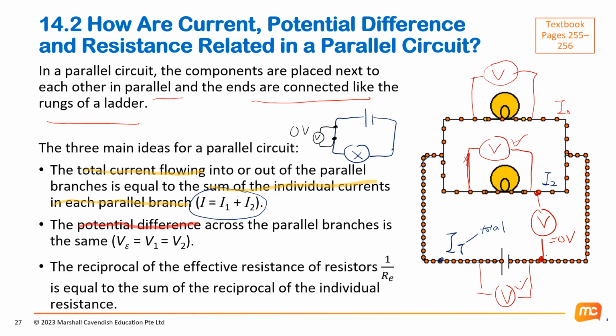Now what this also means is that the potential difference across parallel branches, they will share the same EMF, or the same potential difference. They will give you the same potential difference reading. They take in the same amount of energy from the battery.